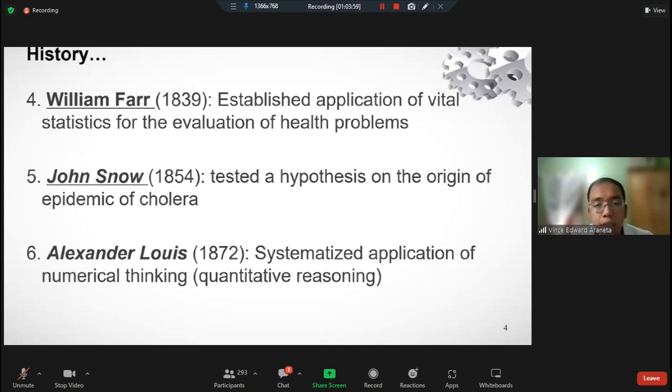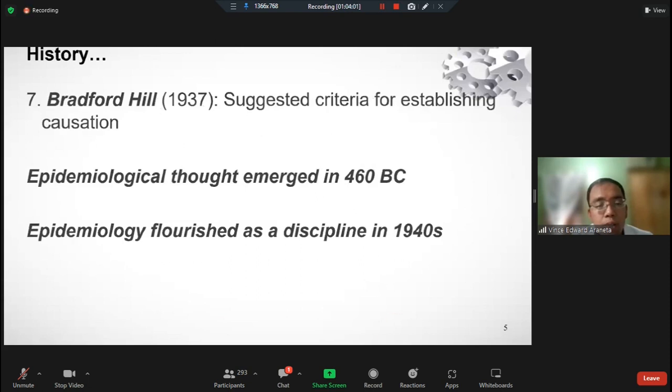In 1937, it was Bradford Hill who suggested criteria for establishing disease causation. Again, there's the cause then effect, or causation of the disease, something that could explain why this disease developed. Epidemiological thought emerged in 460 BC, maybe in the time of Hippocrates, but it flourished as a discipline in the 1940s.